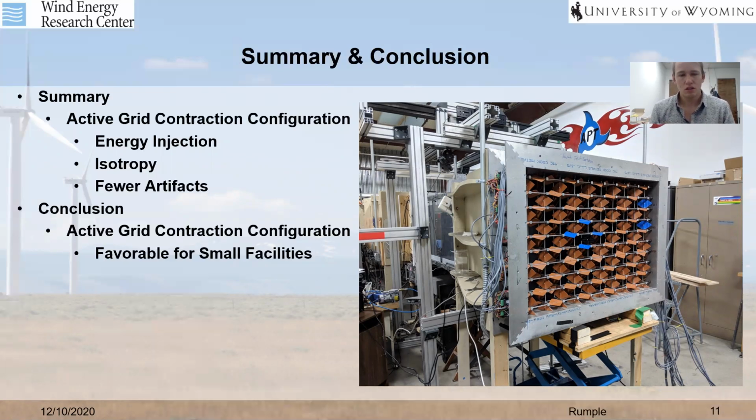I'd like to conclude that an active grid contraction configuration is a favorable configuration for small wind tunnel facilities to produce these types of flow, so that they can utilize their whole test section for turbulent inflow experimentation, which would make them more competitive with larger wind tunnels.